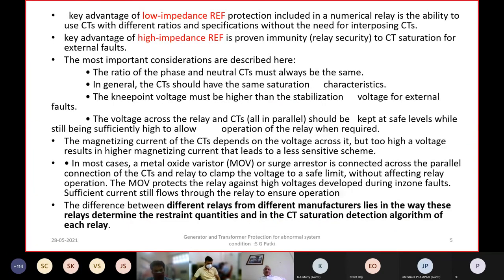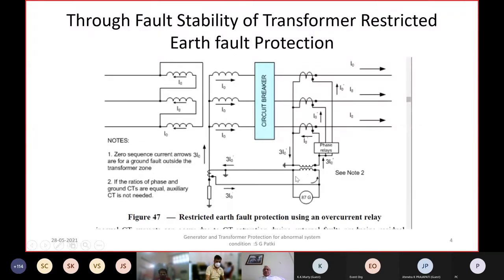Yesterday we also had a discussion on low impedance versus high impedance scheme. High impedance scheme, as we just discussed, depends on the CT performance. So it is desirable that CTs are exactly matched in terms of magnetizing characteristics in each phase as well as in the neutral CT, and their transient performance also should be identical.